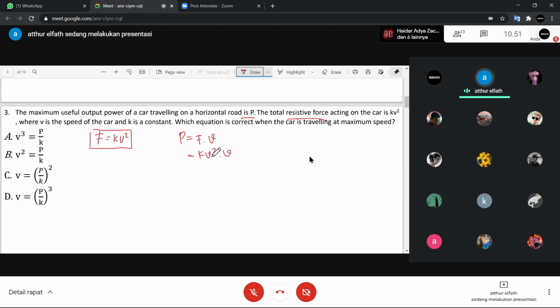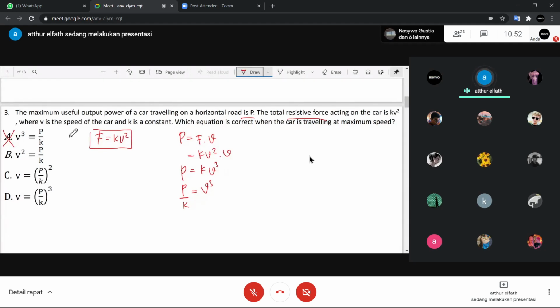The v in the force and the v in the power are both the speed of the car, so you can multiply this variable by this variable. You just make the equation like this. Then we choose A for the best answer, number 3.